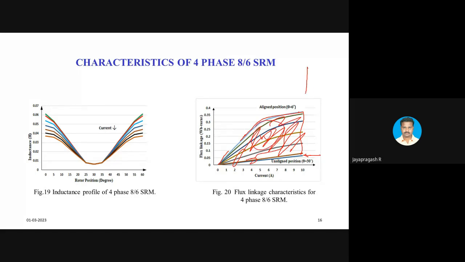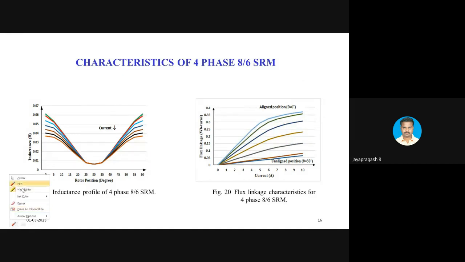So if both the curves are linear, the area between these two curves is very less. If the curve is non-linear like this, the area between the curves will be more, so work done will be more. That is the reason why we allow part saturation in the case of SRM.